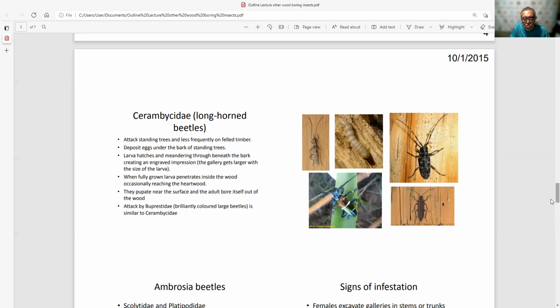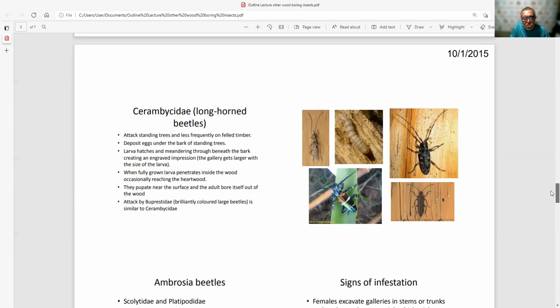Dan ini merosakkan pokok, will damage the fruit tree, and it has to be pruned, perlu dipangkas. Attacked by Buprestidae, brilliantly colored large beetles similar to Cerambycidae. So these are highly colored, metallic in appearance.